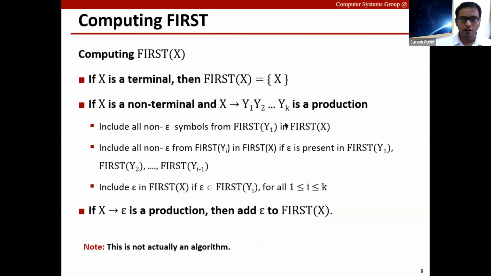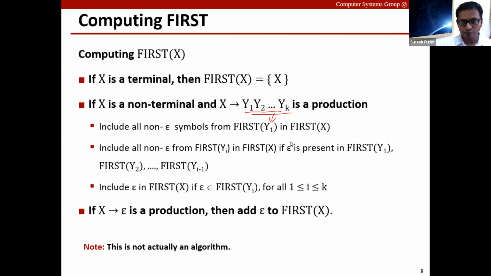And if X is a non-terminal symbol, and we have a substitution rule like this, then the first thing that we do is we consider y1, and we include all non-epsilon symbols from first of y1 in first of X.